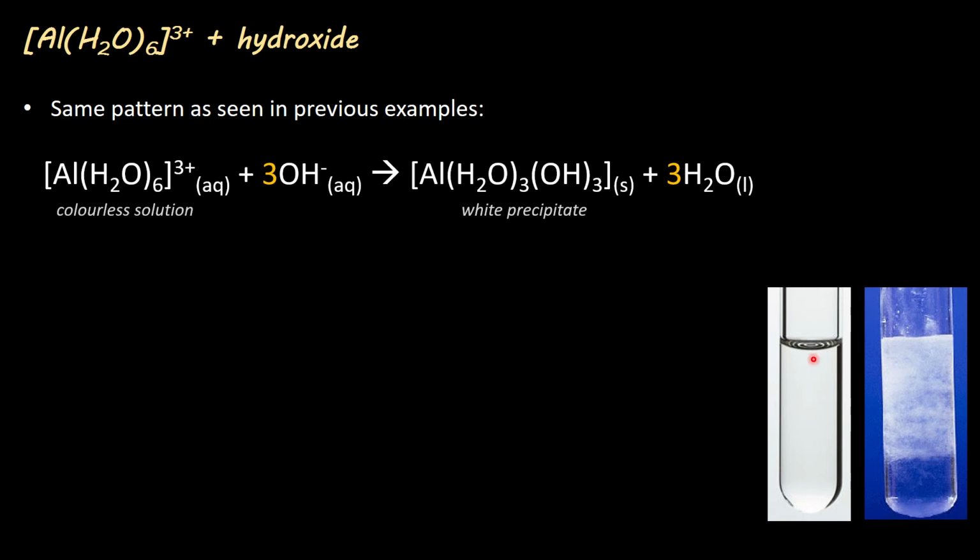Sorry, I'm forgetting what order I put these slides on. So colourless solution, that could be anything. Let's assume it's aluminium hexaaqua, so aluminium sulfate or aluminium chloride in there. There we've got these fine white particles of some kind of solid, which is supposed to be aluminium, 3 waters, 3 hydroxides. I just said it, aluminium hydroxide is amphoteric.